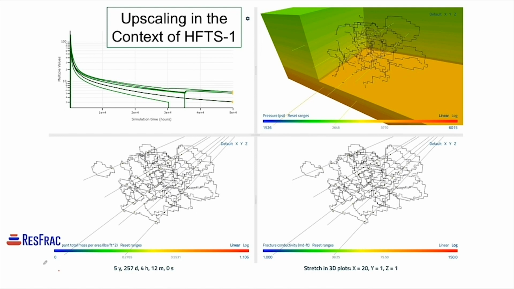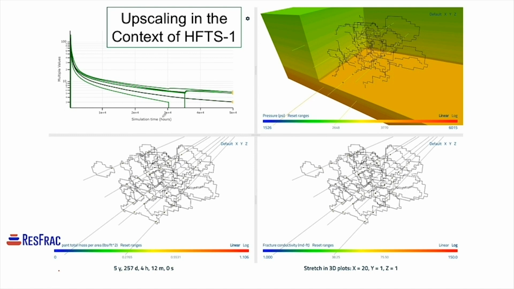This is an animation which appears not to be working, but anyway, you can look at the interaction between these different fractures in space and time, and its result of the stress shadow effect on this interaction as multiple hydraulic fractures are propagating.